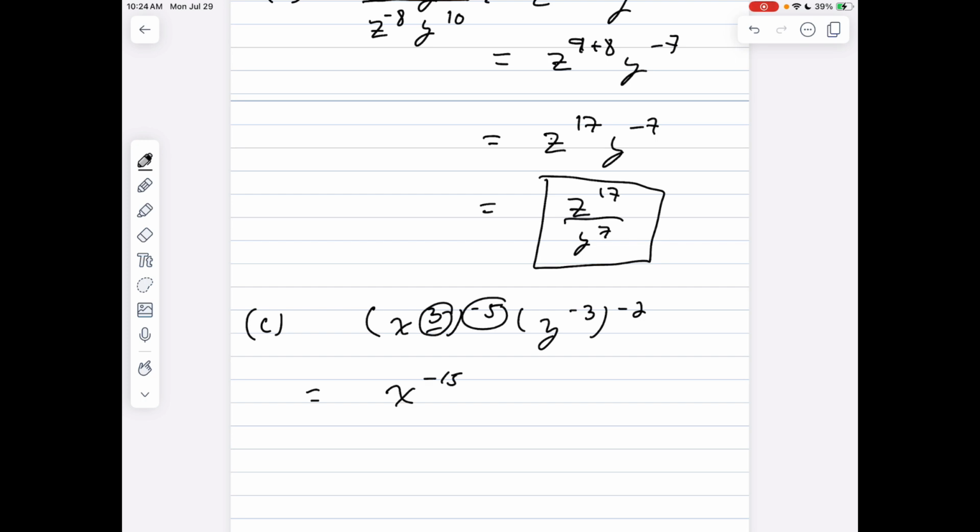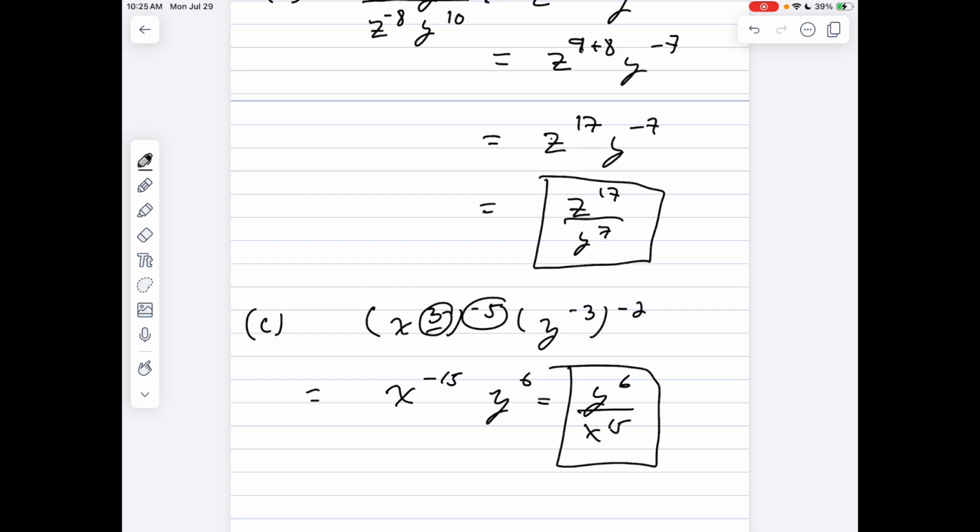Negative 3 times negative 2 is positive 6. And that is it. You can't really simplify this by adding or subtracting exponents. But I can put the x to the 15th under the y to the 6th, because the 15 has a negative in front of it. Put it down below the y to the 6, and that is your answer right there.